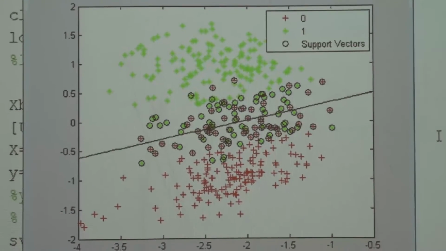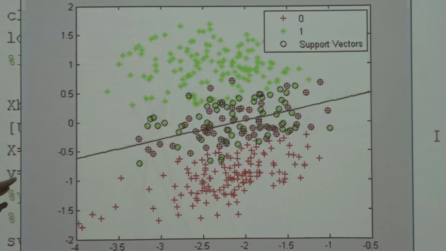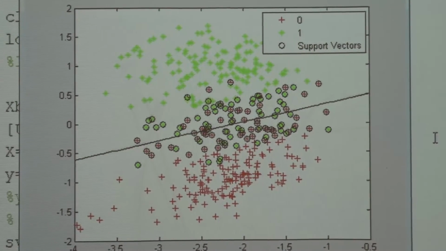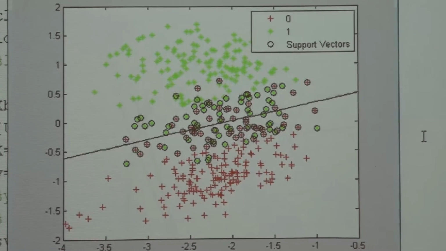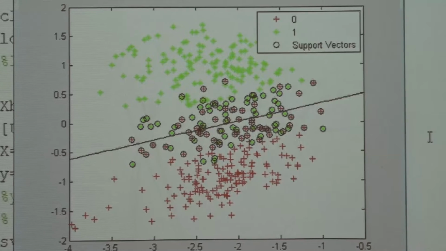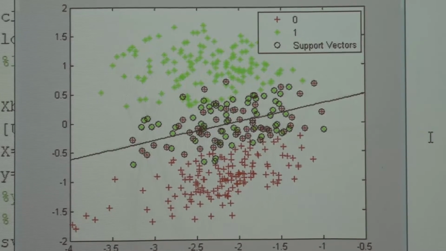So we have class 2 and class 3, and this is the decision boundary. And you can see all of the support vectors that have to do with the decision boundary. Some of the points violate the boundary, but it does a decent job.